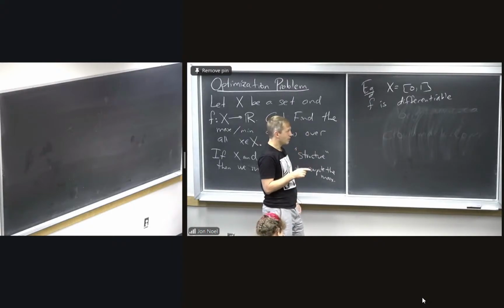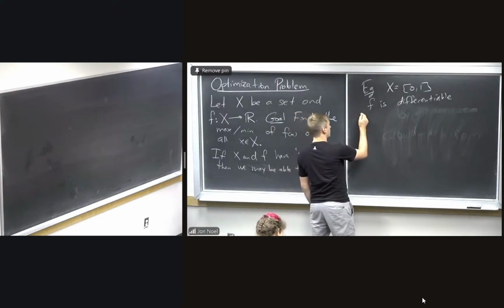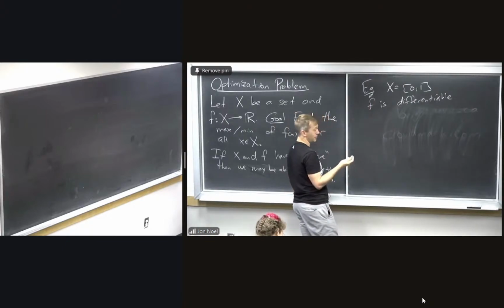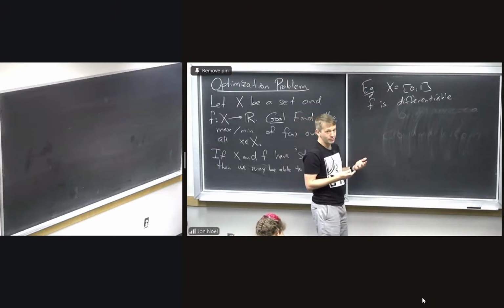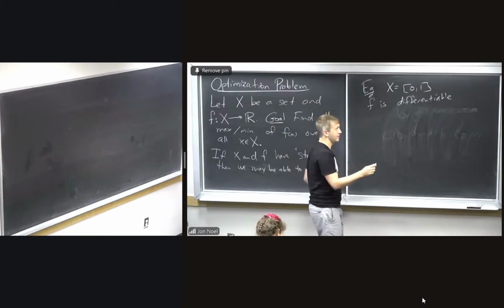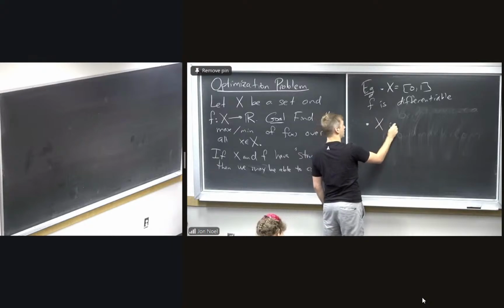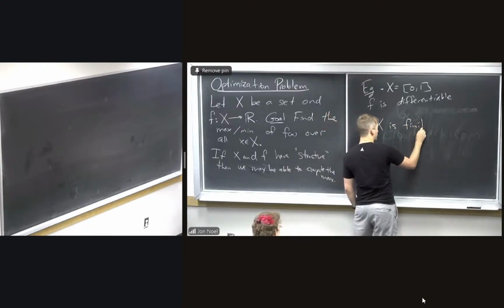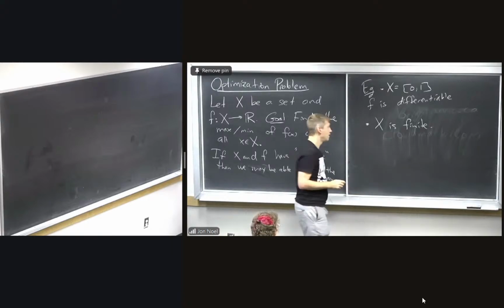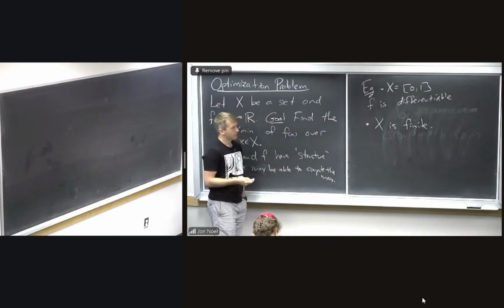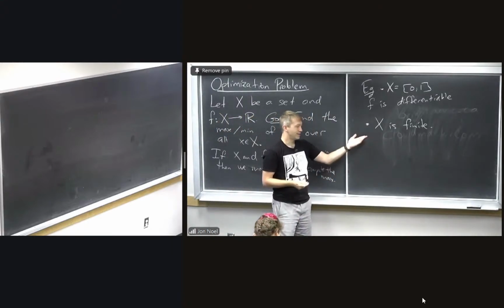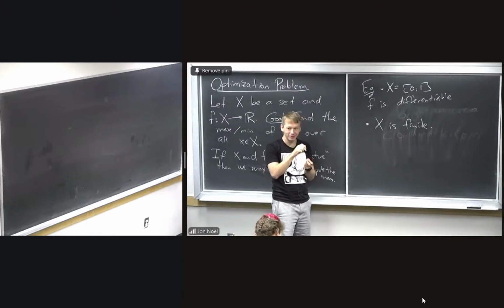Another example where you could solve the problem, and this seems even trivial in some sense, is when X is finite. Because how would you do it? You could just literally compute f(x) for every possible value and take the biggest one.